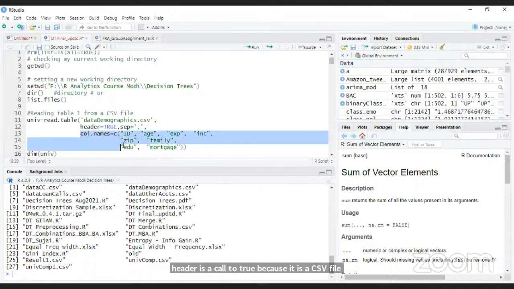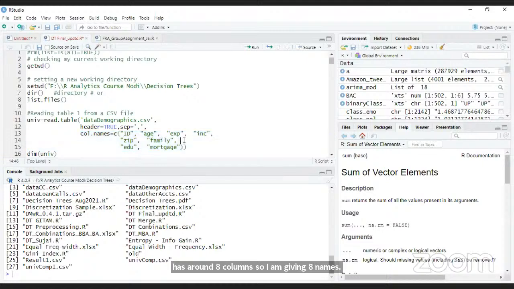Let us say the client has given some other names which I am not happy with, so I am setting my own names. This particular file has around 8 columns, so I am giving 8 names. Okay students, 8 columns, I cannot give 5 names. I have to give 8 columns 8 names, else it will give us an error.